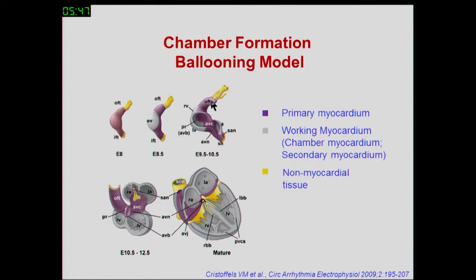It persists continuously, even in this stage, from inflow tract to outflow tract along the inner curvature. The atrial appendage and the apical part of the ventricles, composed of working myocardium, shown in gray in these drawings, balloon out from the linear heart tube.